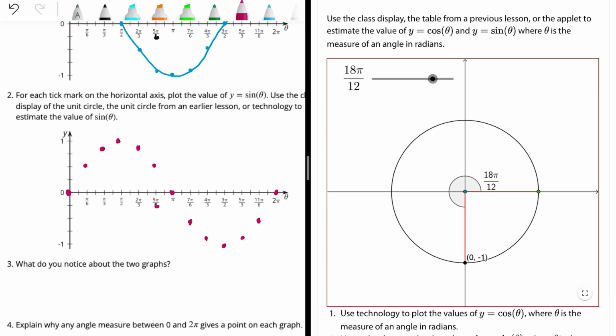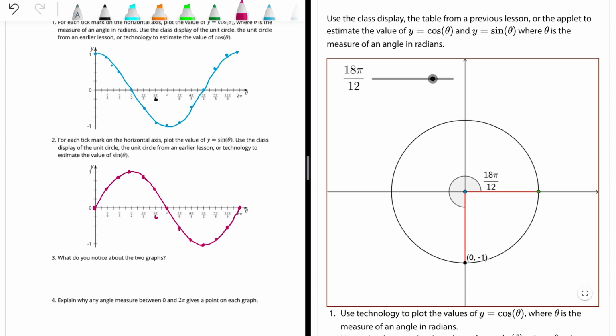So here it goes up, and then curves like that. So you can see that both of the curves look pretty similar. They just have different starting places for the period.